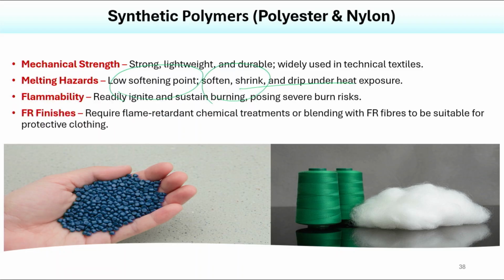And FR treated fibers are there, which require flame resistant chemicals. FR treated fibers do not catch fire immediately, but they can melt. So, to develop any protective textile clothing, we must also know which fibers we should not consider.